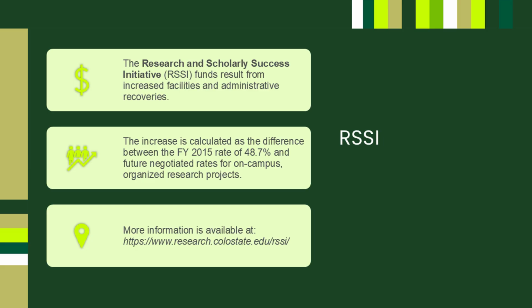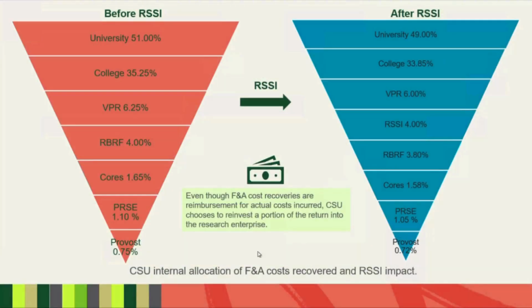So the RSSI was designed, like I said, to model after the Student Success Initiative, which was very successful in helping us grow the student population. And so this on the left is how, when we get an indirect cost reimbursement, we redistribute that money back into the university.